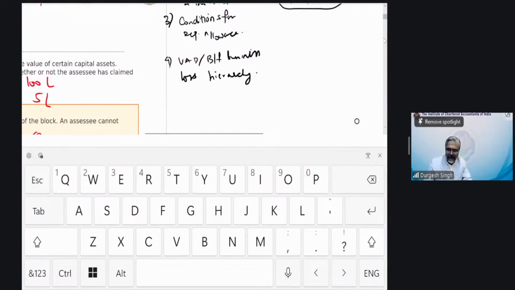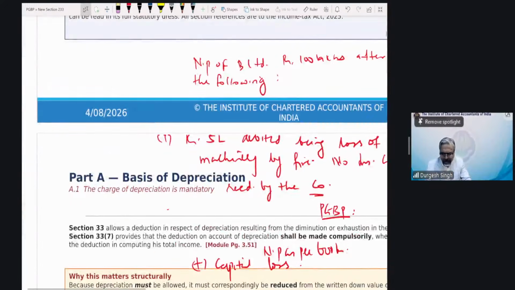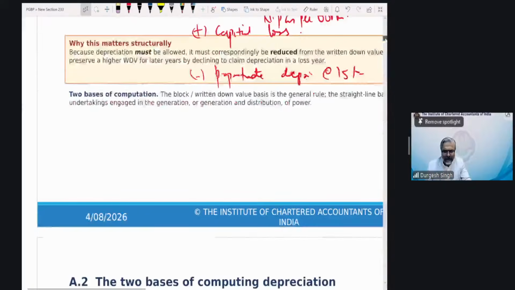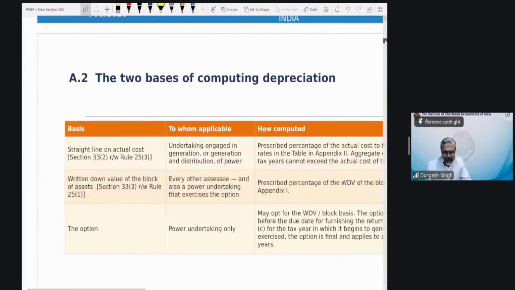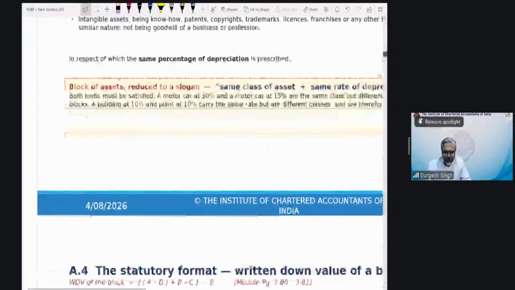Now, students, eligible assets and the rate of depreciation. I think at least on the eligible asset, we have already referred to something. So we can now proceed further quickly in this context. Now, coming to this particular part, the eligible asset.